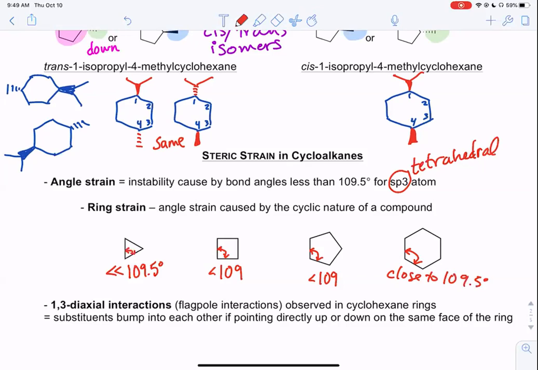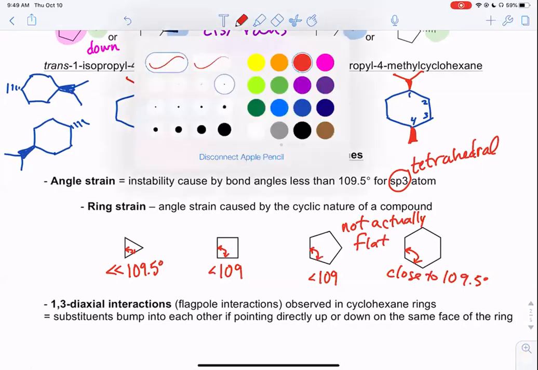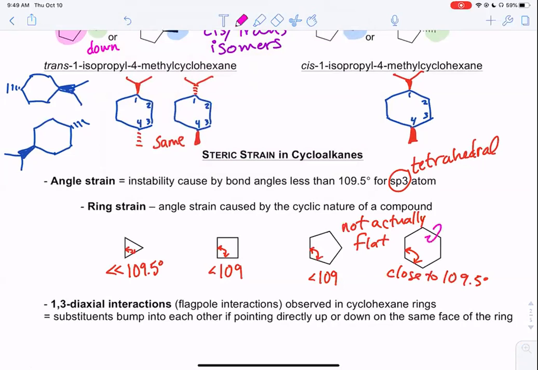Now, here's the thing, these are not actually flat in real life. If we were to look at a cyclopentane or a cyclohexane, they actually have a little bit more rotation around these bonds, whereas these two are super limited in rotation.